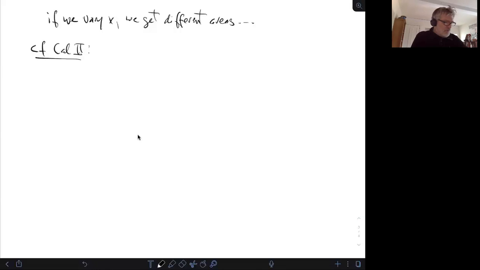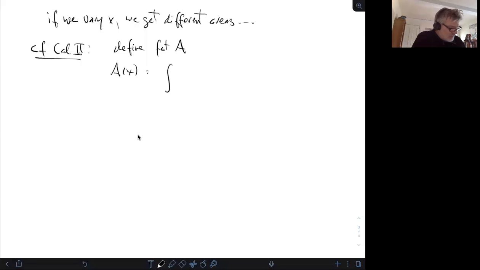Basically that will be Fubini's theorem, but intuitively that should give us the right thing. So if I have different values of x, I'm going to get different values of areas, different slices, different areas. And so we can define the function A. What is A of x?